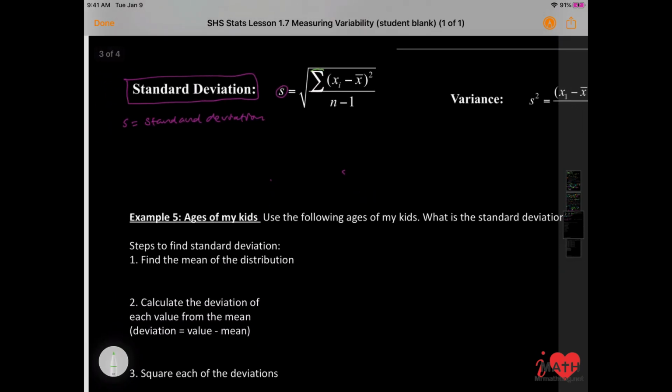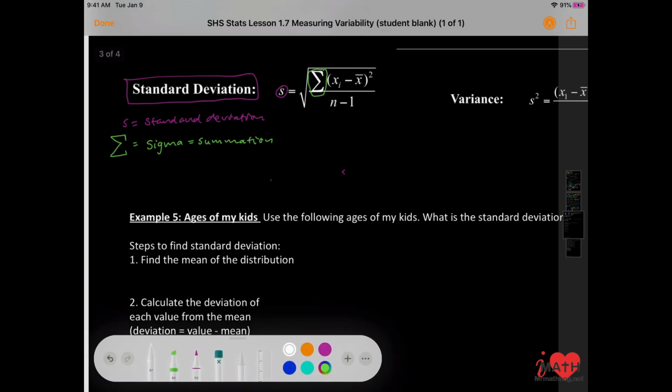Here in green, that symbol is called sigma. It's a Greek letter of the alphabet. And basically what it means is summation. What math word do you see in there? Sum.